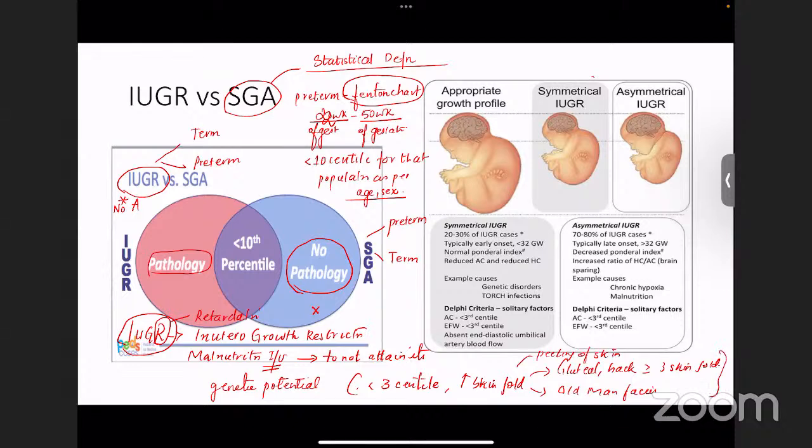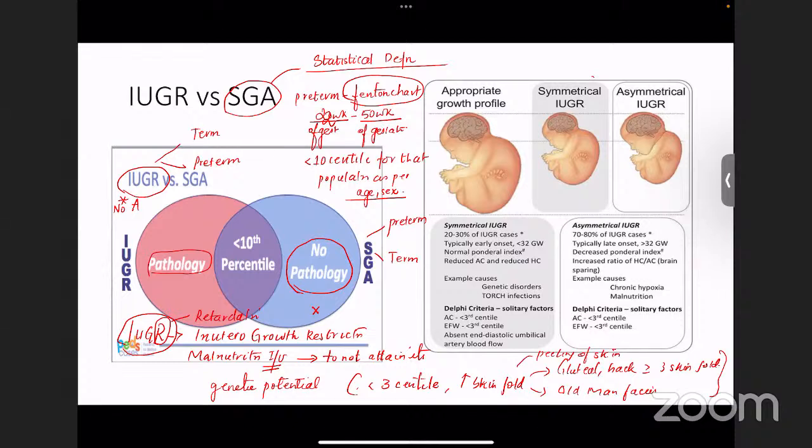So they will look malnourished, like marasmus. When you see a marasmus child, the similar picture in a newborn, we term it IUGR. This is the peculiar difference between SGA and IUGR. In most of our day-to-day practice in neonatology we use them synonymously, but there are a few differences which your examiner may ask in the exam.